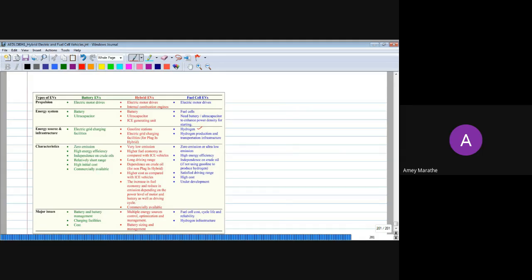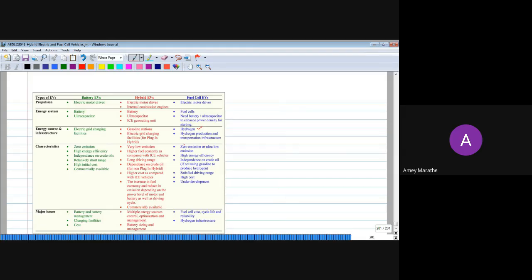They are commercially available. Hybrids have very low emissions and high fuel economy as compared to IC engine vehicles. They have a longer driving range because of adding the electric motor. They have dependence on crude oil, higher cost as compared with IC engines, and the increase in fuel economy and reduction in emission depend on the power level of the motor. They are also commercially available.